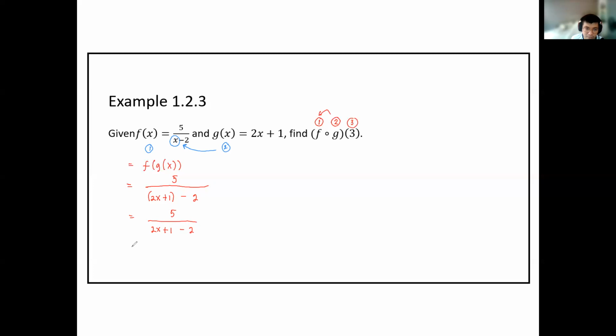So the final answer for f of g of x would be equal to 5 all over 2x minus 1. So this would be our f of g of x. Now the third step is again plugging in a value of 3. So, continuing with the equation, let's try another color on the side.